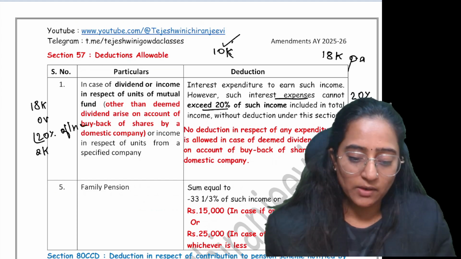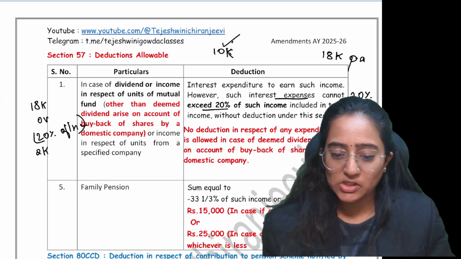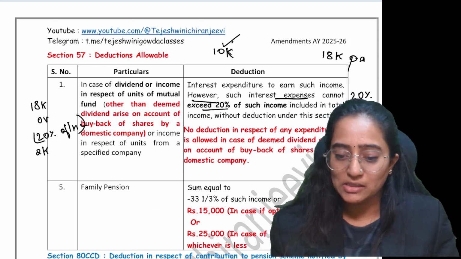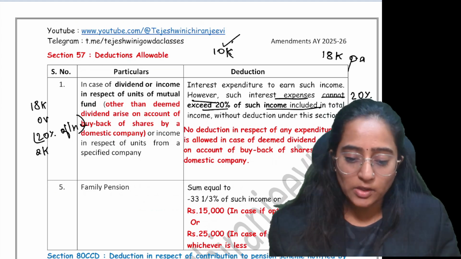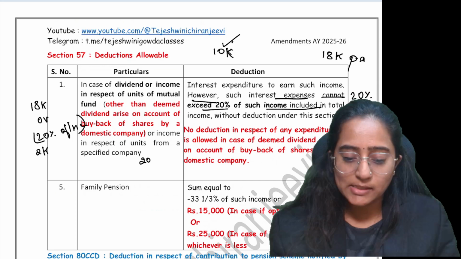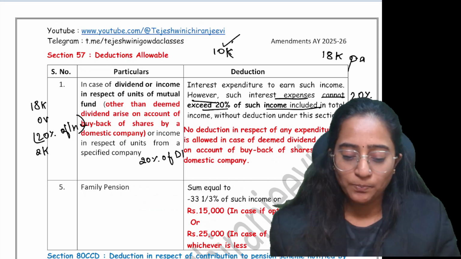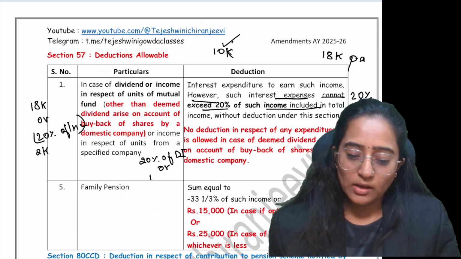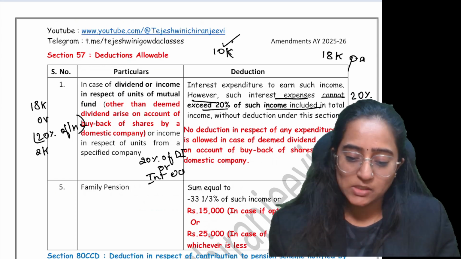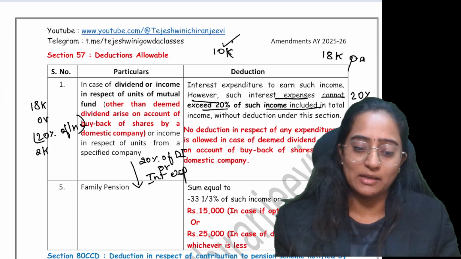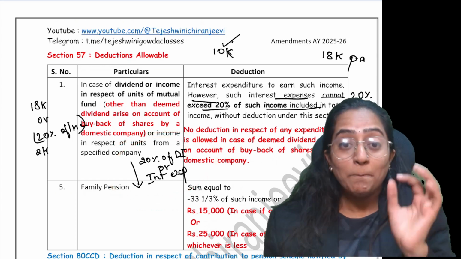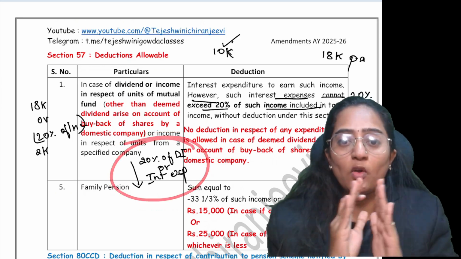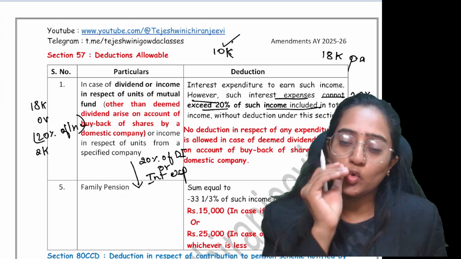So whichever is lower, restricted means cannot exceed. That is nothing but 20% of your dividend income, or your actual interest expenses, whichever is lower. In short, we can write like this. Correct? Whichever is lower.